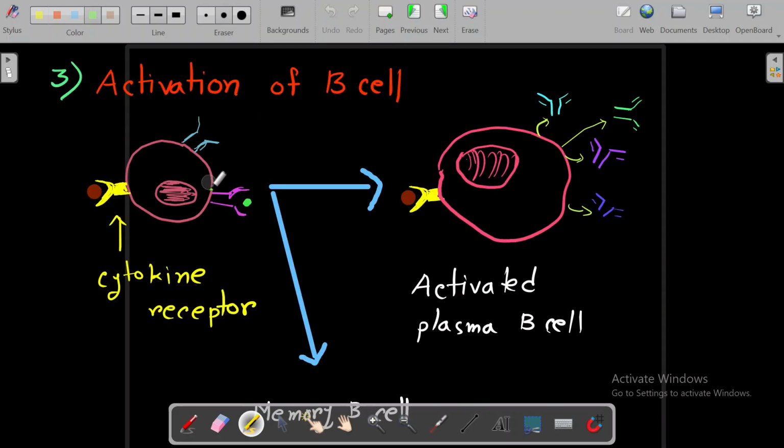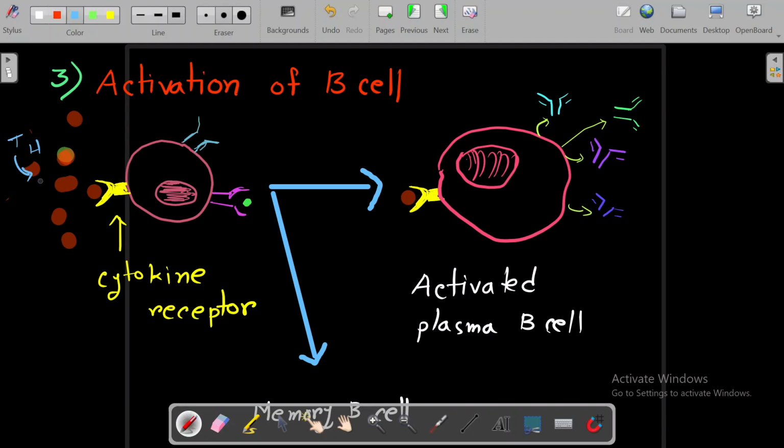Now let's see, this is our B cell, and this thing is, suppose, cytokines. These cytokines are mainly released by the T helper cell.